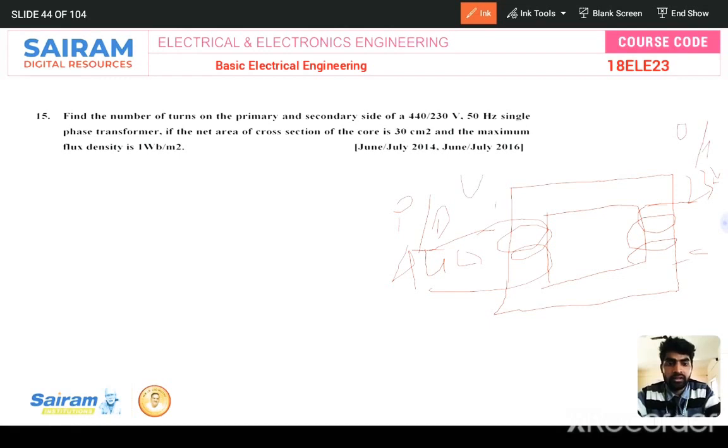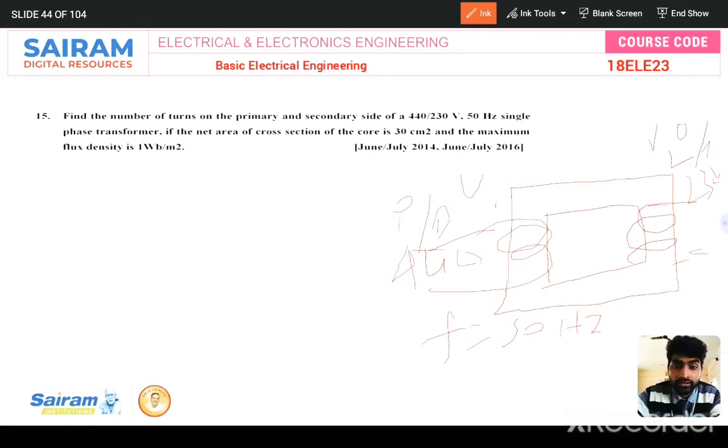V1 they have given, and here this is V2. And frequency they have given is 50 hertz. Single phase transformer, this is single phase. Sometimes they may give a three phase transformer. For your syllabus, only single phase transformer is present. That's why they have taken problems from the single phase transformer topic, right?